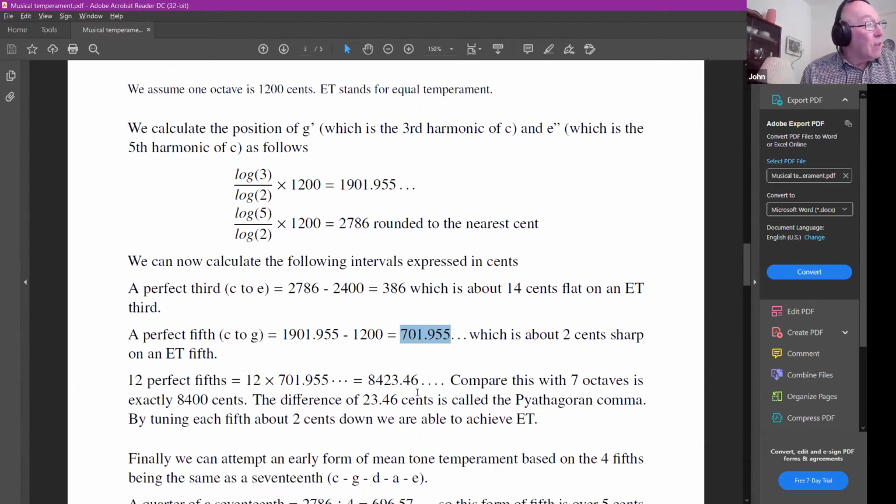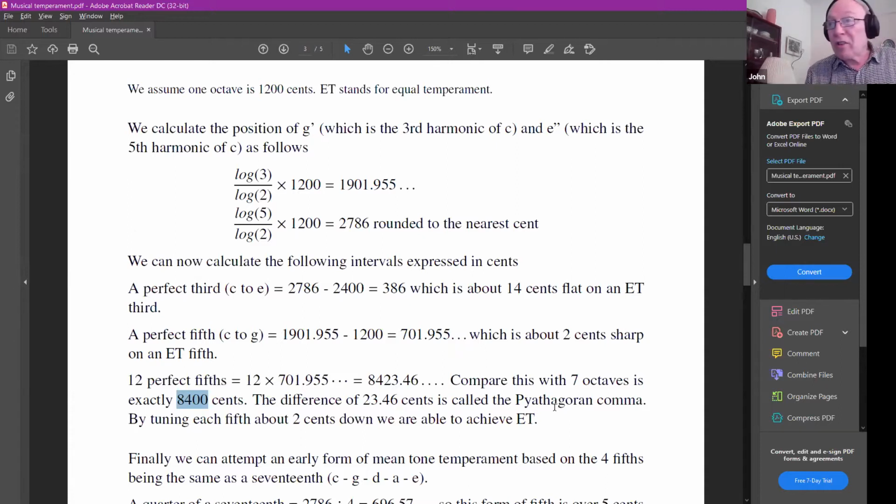Now, 12 perfect fifths, it turns out 12 of those is a bit more than 7 octaves. So 7 1200s is 8400, and it's 23.4 cents higher. Well, approximately.